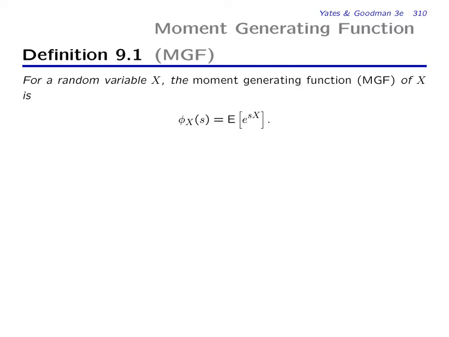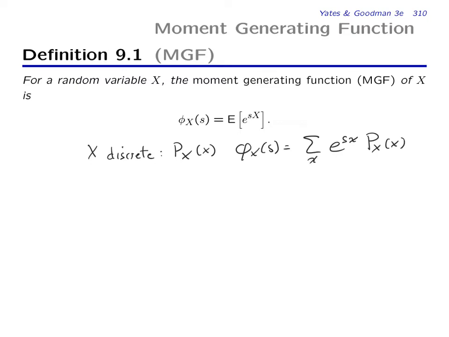This probably looks a little weird, so let's do some simple examples. Let's start when X is discrete. In this case, X has a PMF, p_X of x, and the moment generating function is equal to, just by the standard definition of the expected value of a function, the function weighted by the PMF summed over all possible values of x.